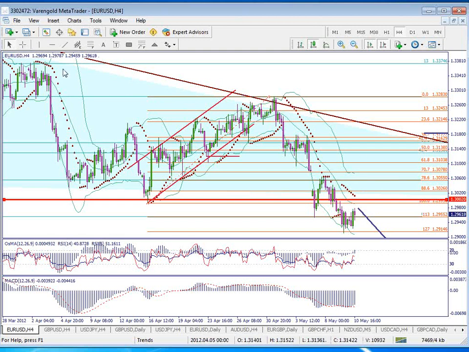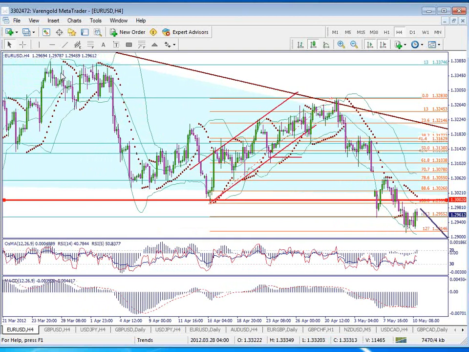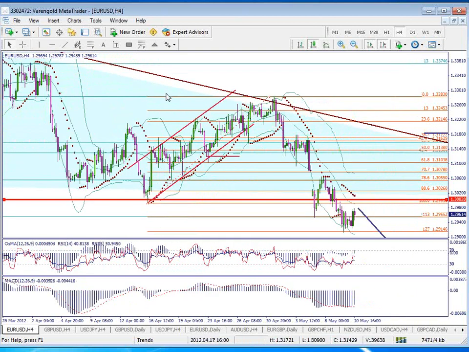I have confirmation from this pattern, that is a very strong pattern, this triangle that we have on daily. And also if I will have also the crossover RSI and signal for sell on 4 hour time frame, I will go into one sell.